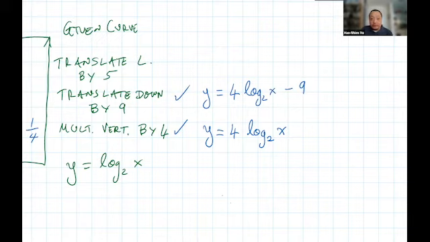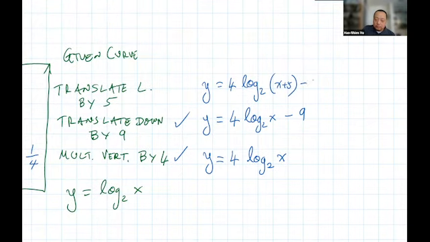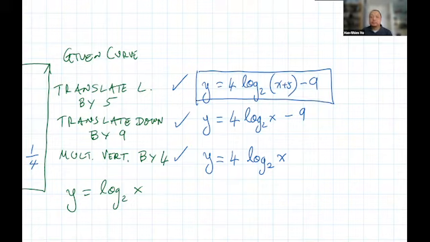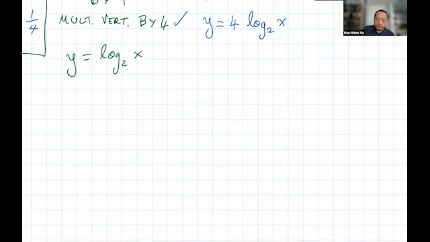And now I translate left by 5. That means I'm going to replace x with x plus 5. And that's my given curve. Let's check our answer.